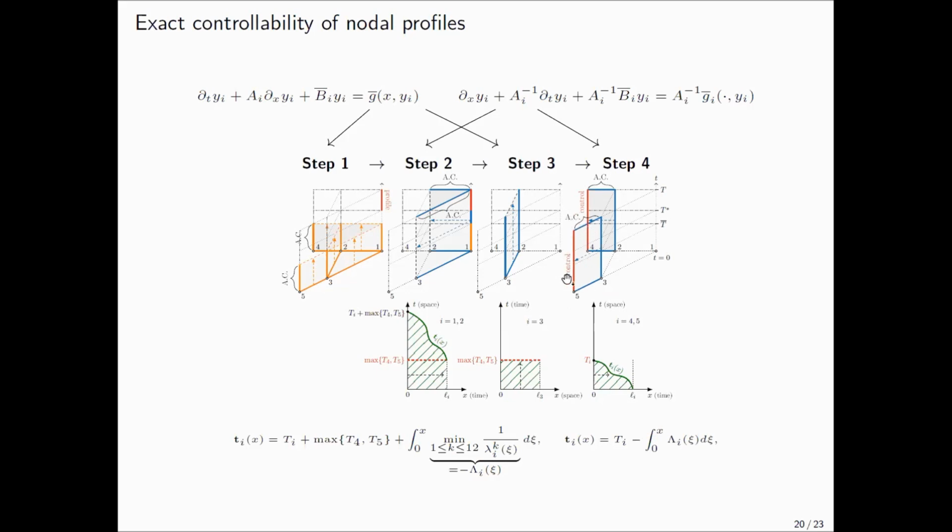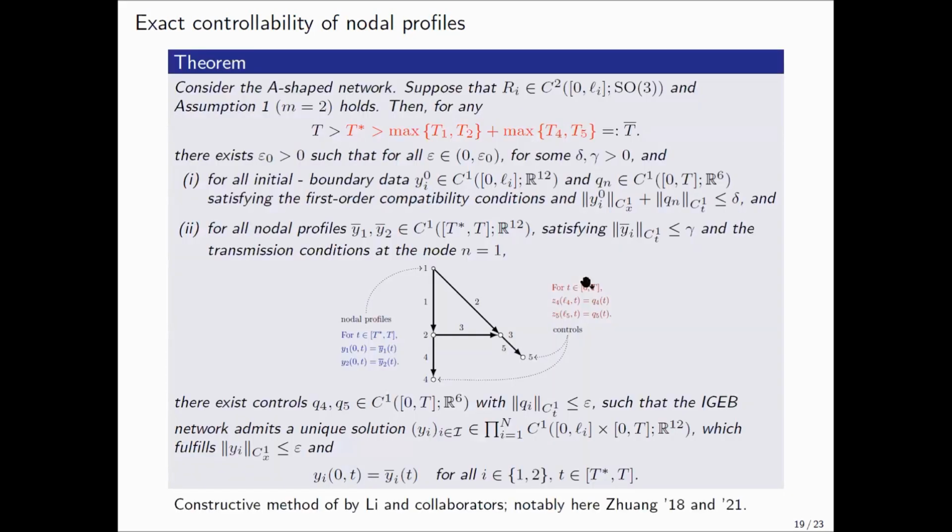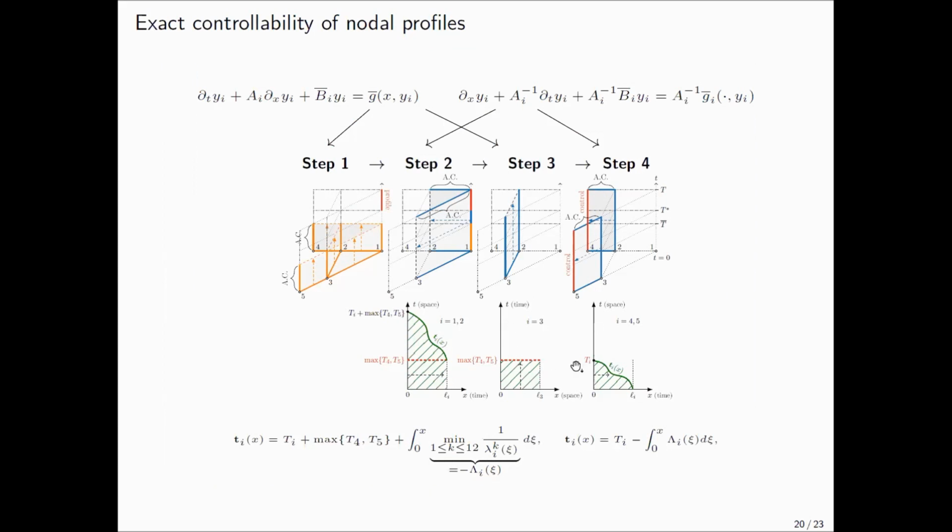But why did we need the control time to be larger than this quantity in red? It's because even if we have constructed the blue solution in step 2 to 4 in such a way that it fulfills all the transmission conditions of the network, we need to prove that it also fulfills the initial conditions.